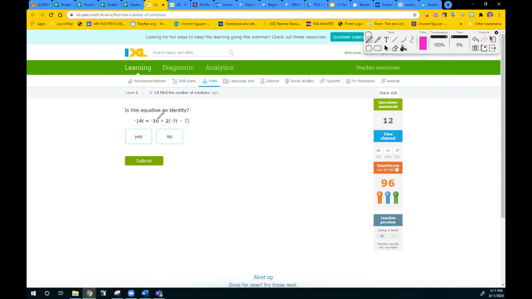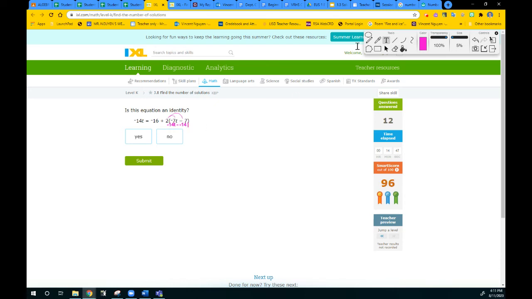All right, let's do this. We're going to multiply this through here first. We get negative 14t, right? So far down here, we got negative 14t. And then minus 2 times negative 7 is also negative 14.